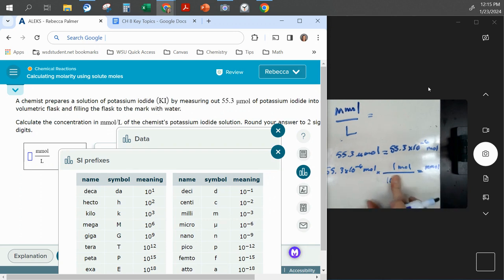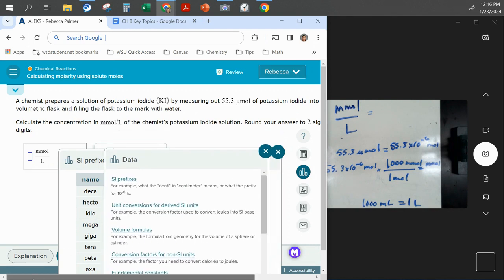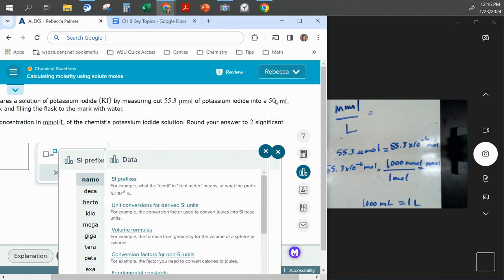Oh, that's upside down. Oops. So 1 mole gives me 1,000 millimoles. This is just like milliliters: 1,000 milliliters is 1 liter. So that prefix is the same. I'm going to multiply by 1,000, and that will give me millimoles. And then I'm going to divide by liters. This one is 0.05 liters.